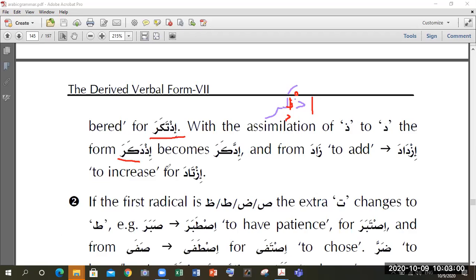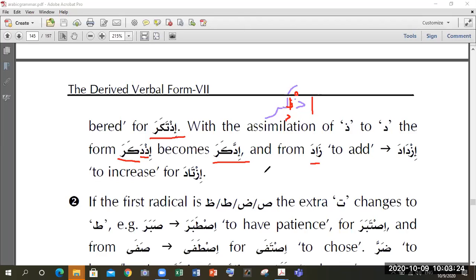Dal to dal, the form iddakara, then again they merge into one dal, because they consider the dal the same, since the makharij are the same, the same family. So they have made it iddakara. This is the Arabs' rule, just what we can see.